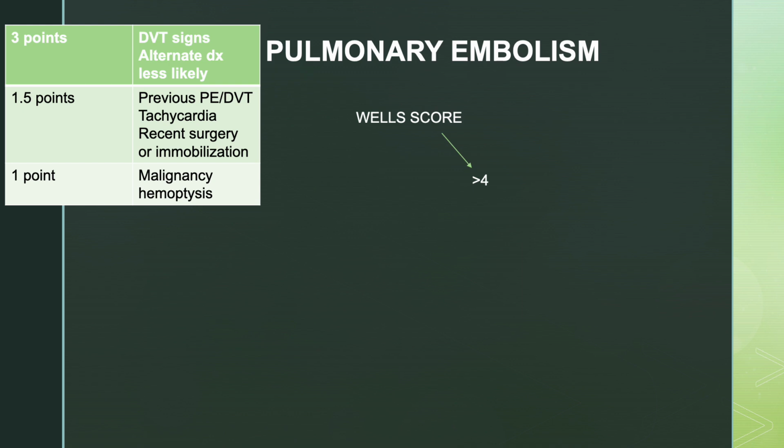So you don't want to delay the treatment if the PE is likely. So start anticoagulants. Start anticoagulant heparin. Now, you start anticoagulant at the same time you are going to do CTPA, which is confirmatory. So CT pulmonary angiography is confirmatory.